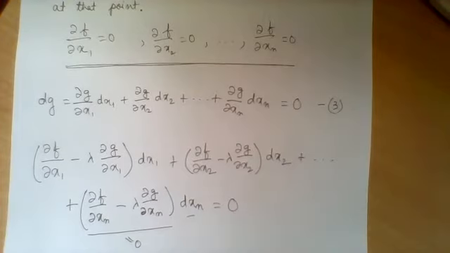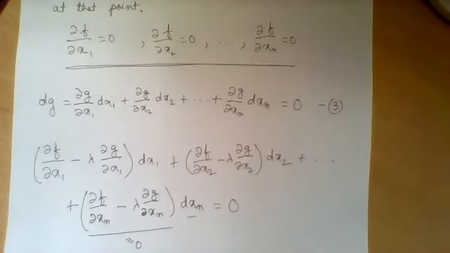I repeat, since there is a constraint equation, the n variables x1 to xn are not independent. That means one of the variables will depend upon the remaining n minus 1 variables. Let us take this xn to be the dependent variable.